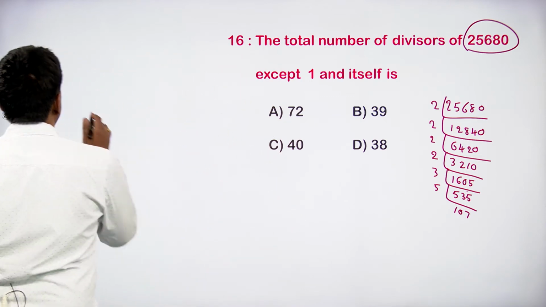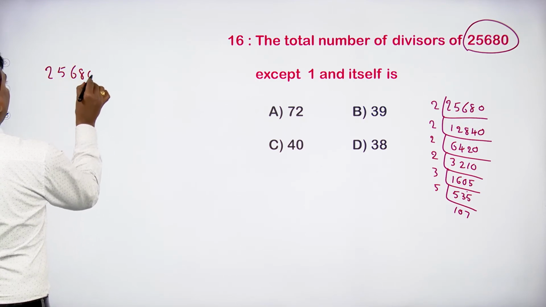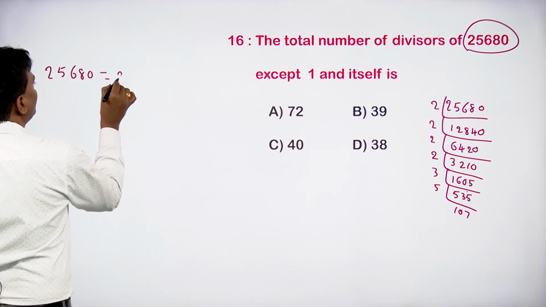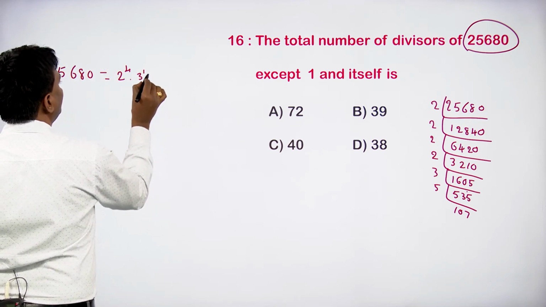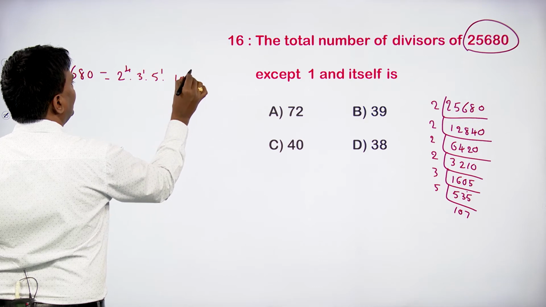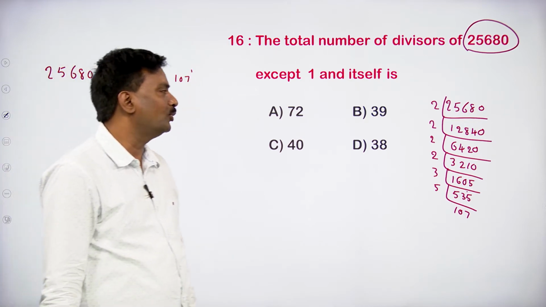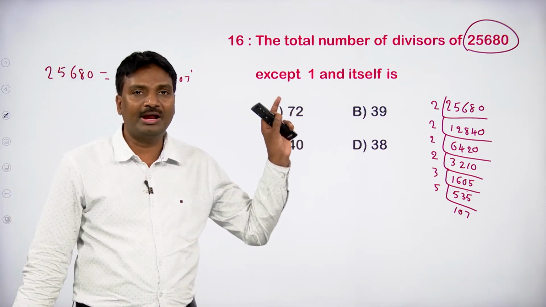So now we can write 25,680 as 2 into 2 into 2 into 2, 2 power 4, into 3 power 1 into 5 power 1 into 107 power 1. Here we have expressed the number 25,680 as the product of prime integers.